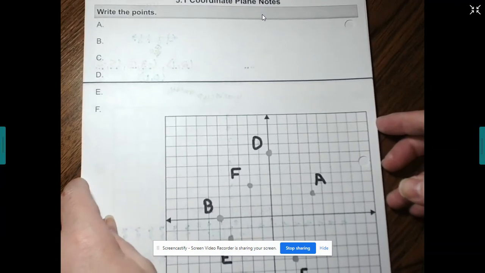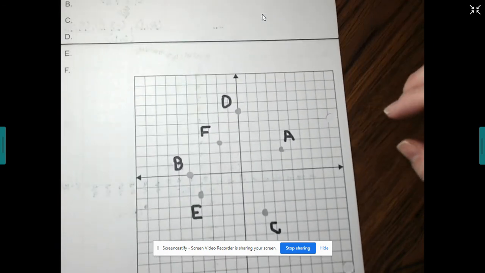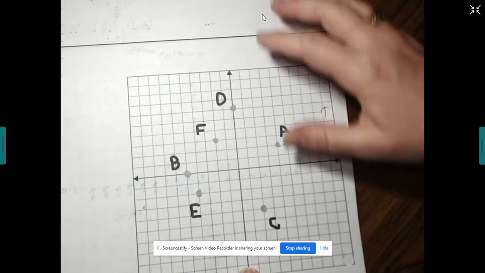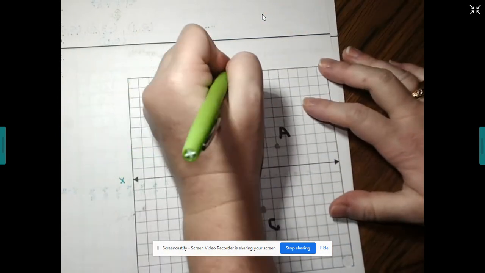So let's go ahead and write the points that we have here. First off, let's mark what we do know. We know where our x-axis is, right? And we used blue for x-axis, correct? Yes, we did. So we know this is our x-axis. We know this is our y.